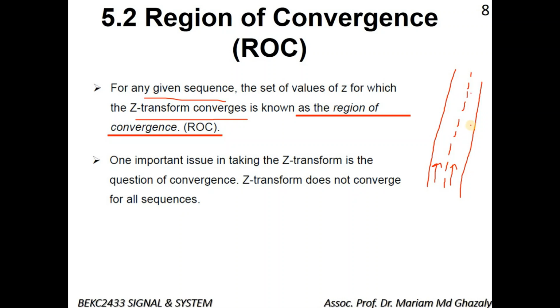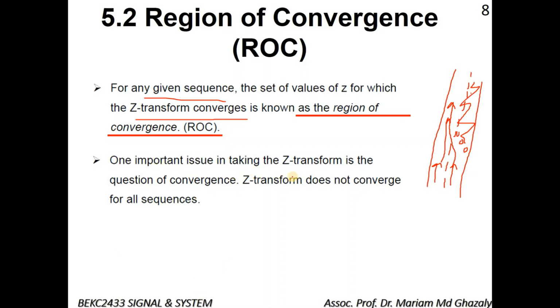Imagine that if you have two lanes and then suddenly there is a construction over here, so you have cones over here, it means that this lane will keep this part and this lane will actually converge to this lane, so it means that this one will be closed. So this is what it means by convergence. So convergence is where you have two signals which are overlapping with each other, meaning that the regions are overlapping with each other.